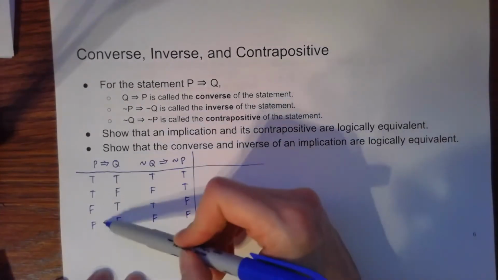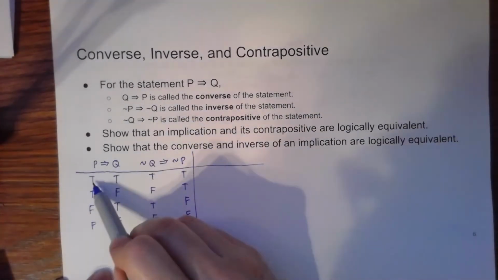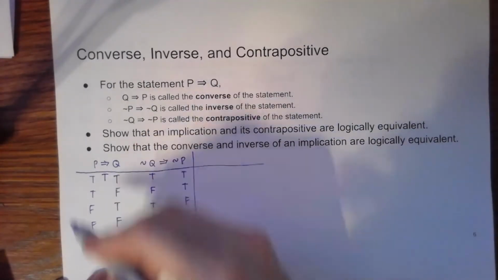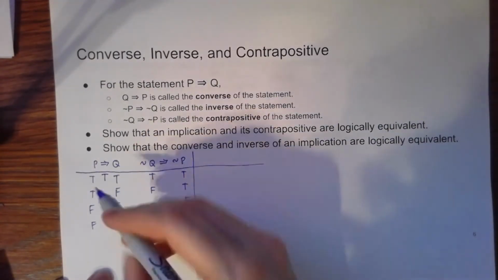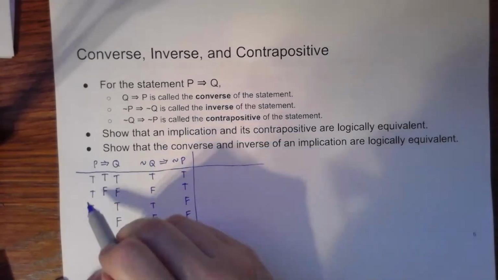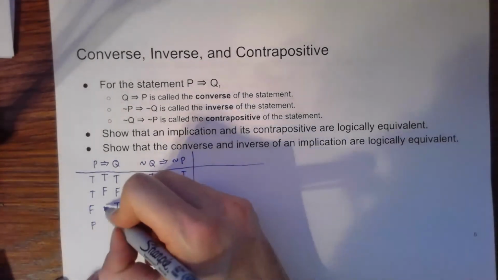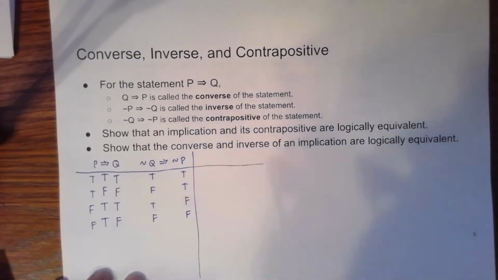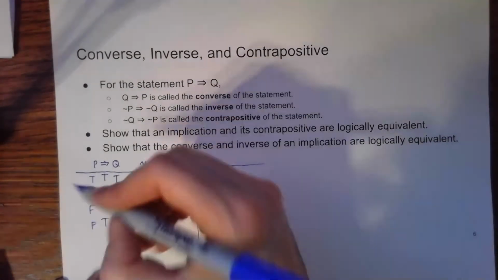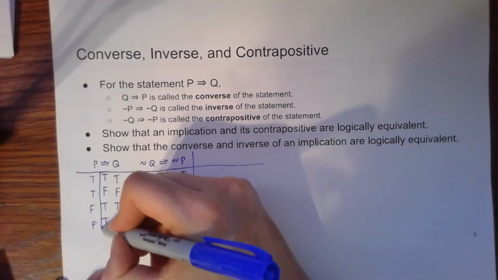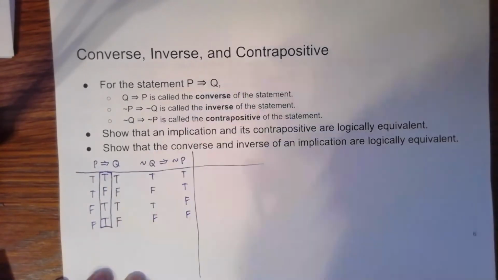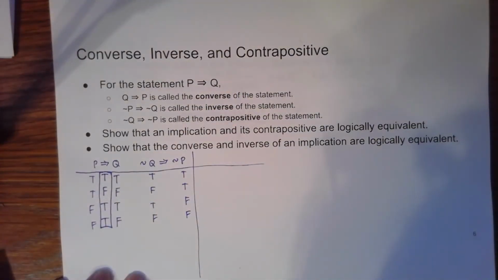Let's do the original statement first. True implies true is true. True implies false is the only one that's false, a true hypothesis with a false conclusion. And when we have a false hypothesis, anything goes. We always get a true statement.